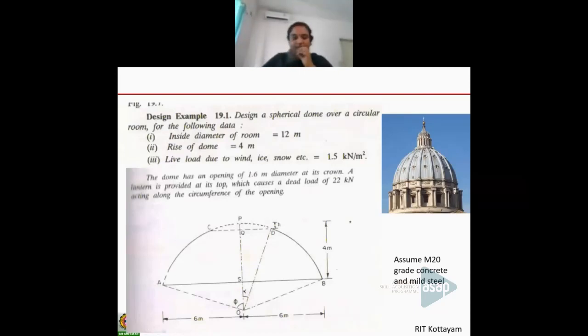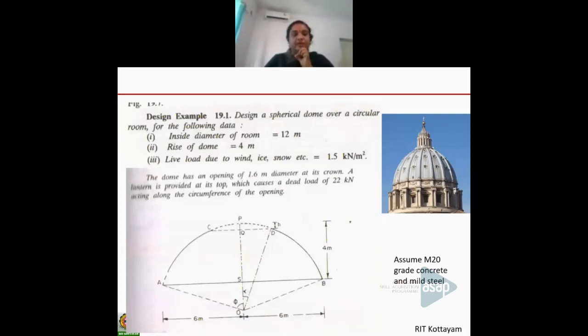It is a worked out example from Punmia. Here the problem is to design a spherical dome over a circular room. The room has an inside diameter of 12 meters. The rise of the dome is 4 meters. The live load due to wind, ice, snow, etc. is 1.5 kilonewton per meter square. The dome has an opening of 1.6 meter diameter at its crown.